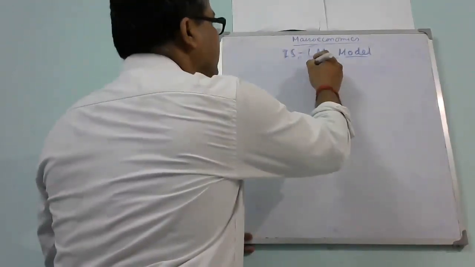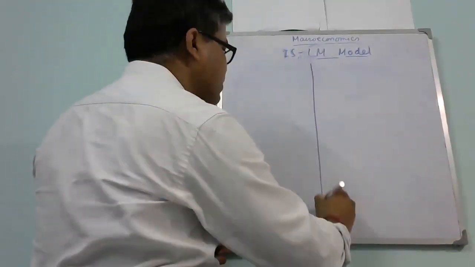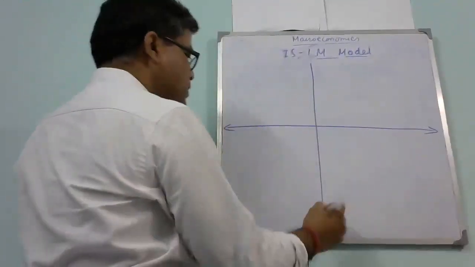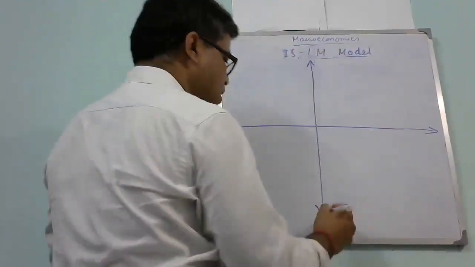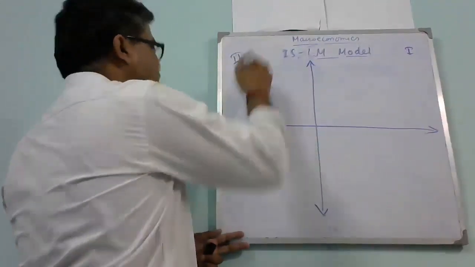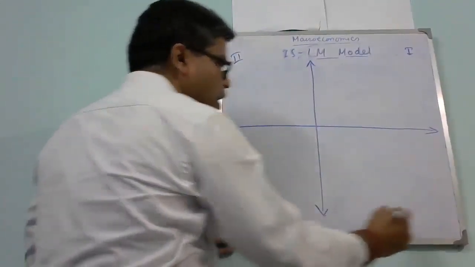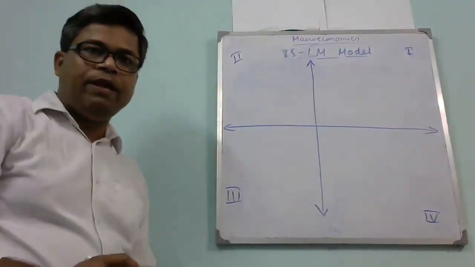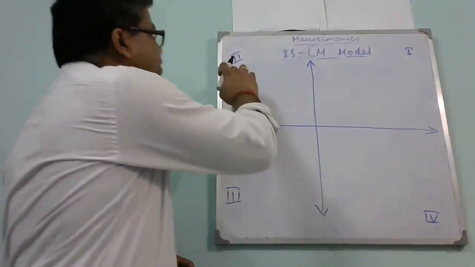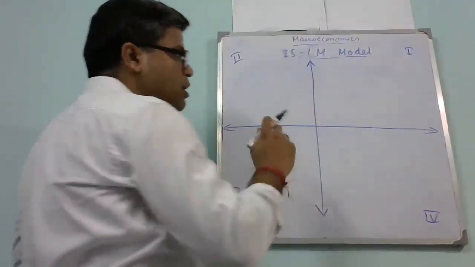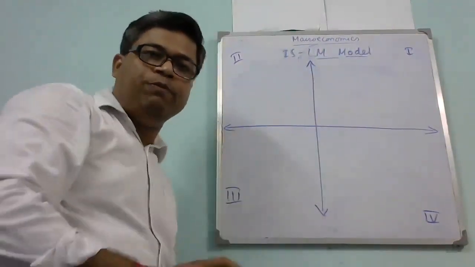For the 4-quadrant diagram, see the diagram carefully. Suppose these are the first quadrant, the second quadrant, the third quadrant, and this one is the 4th quadrant. On each and every axis, specific things will be measured.